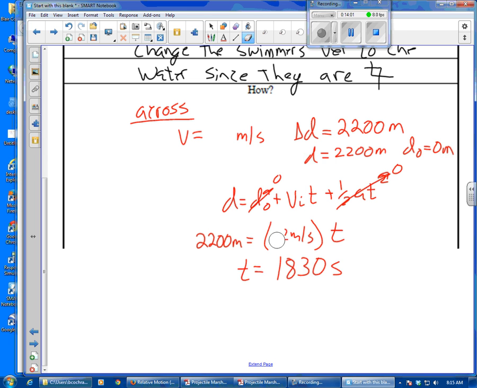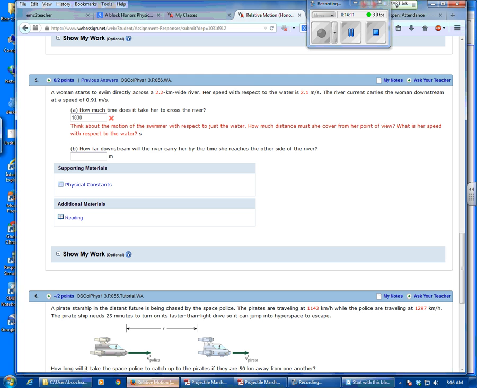That should be 2.1 mathematically, because it says 2.1 for speed of the swimmer in water. I switched it up.